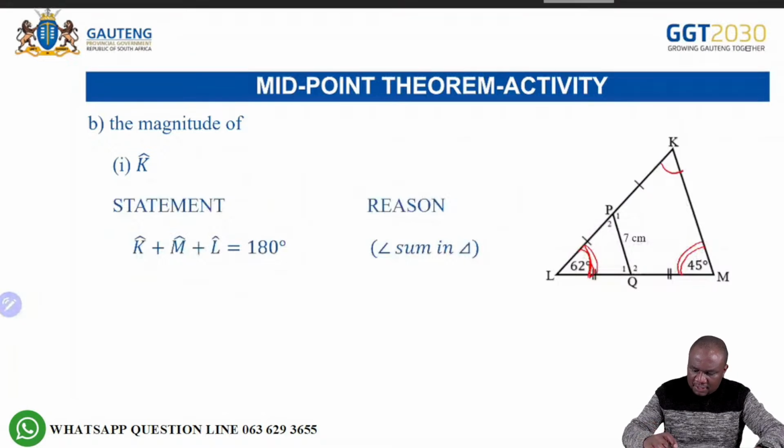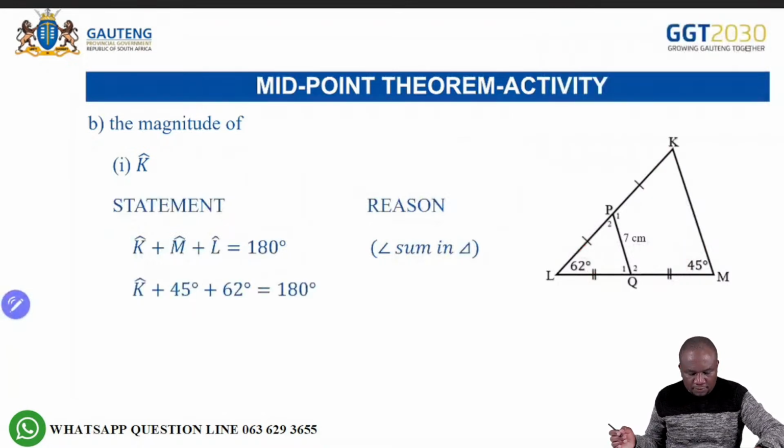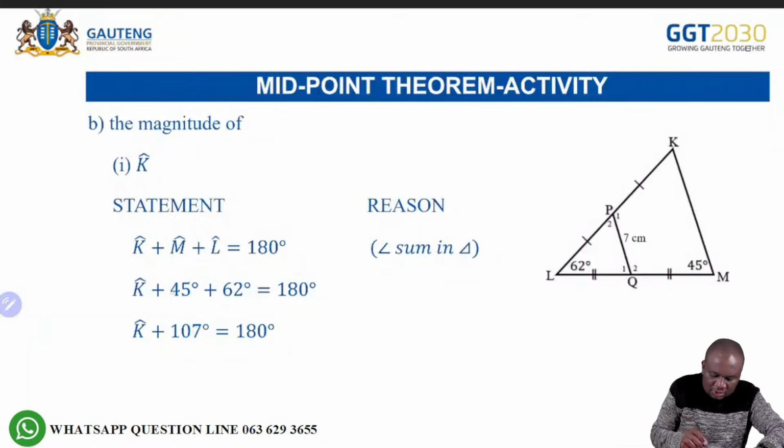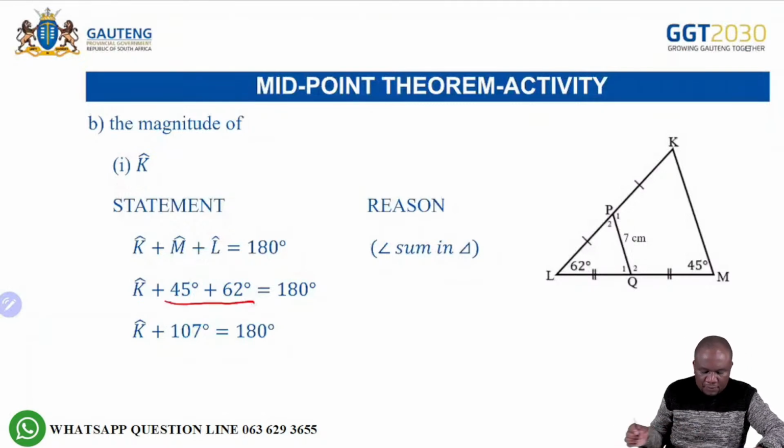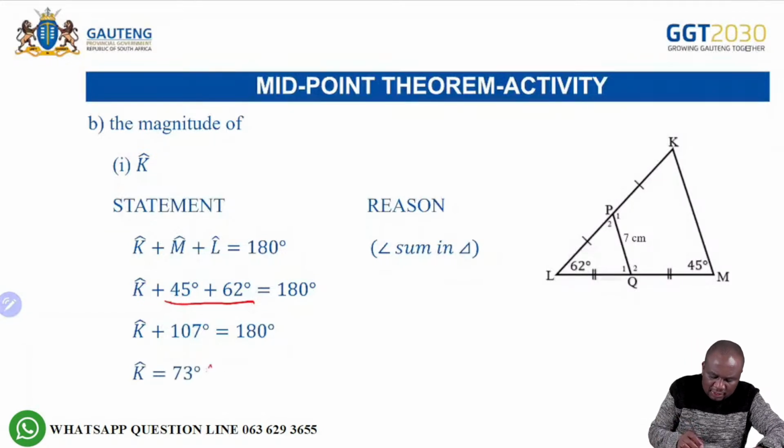So it's angle sum in triangle, or interior angles of a triangle is still fine. Here's the reason. And then we substitute and solve for K. Right, let's subtract 180 minus 107 because these two will give us 107. We get 73 degrees. So angle K is 73 degrees. Please mark that.